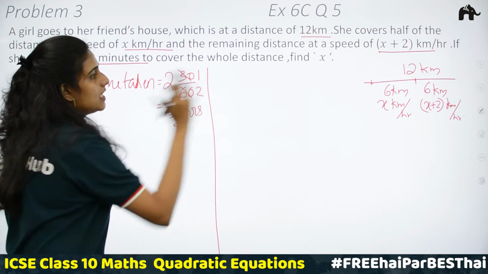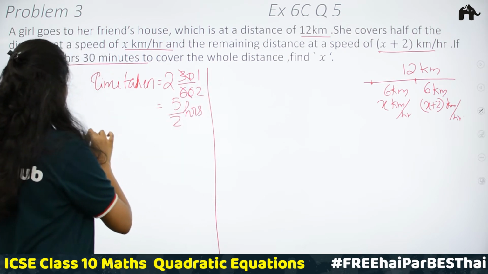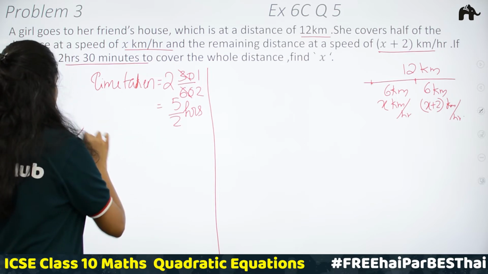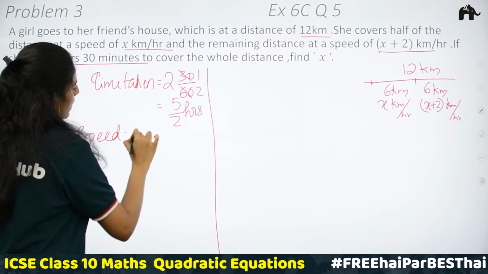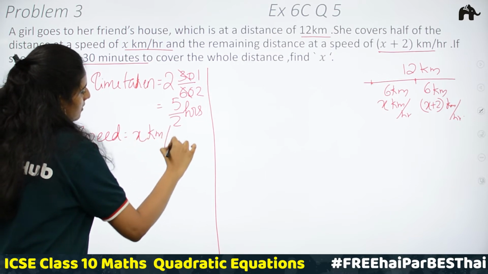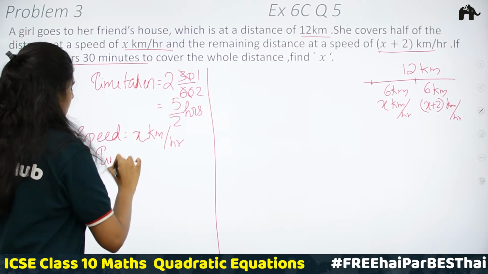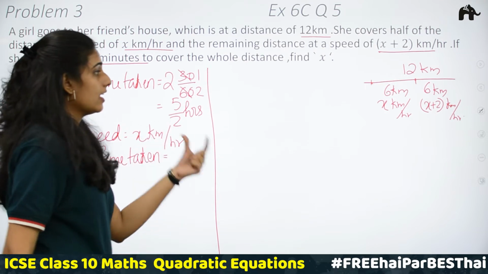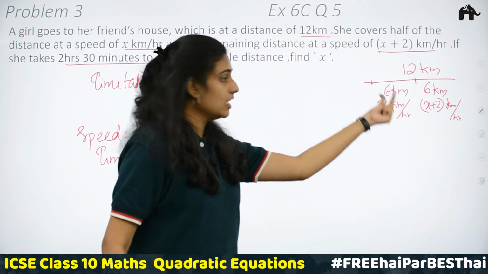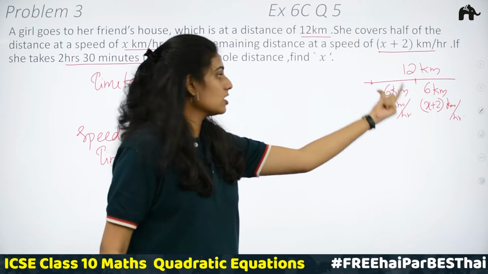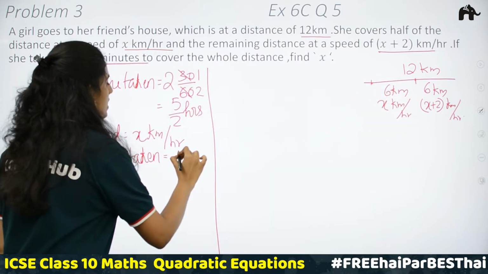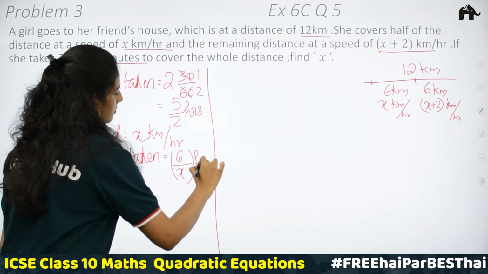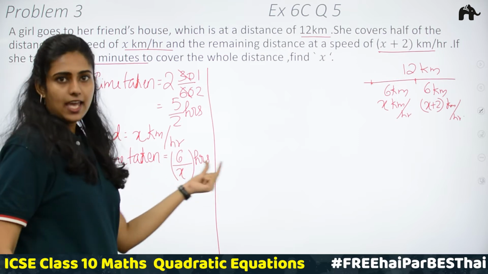Okay. For the first part, when the girl is travelling at a speed of x kilometer per hour, she is travelling a distance of 6 km. Therefore, time taken is distance 6 divided by speed x, which is 6 by x hours.